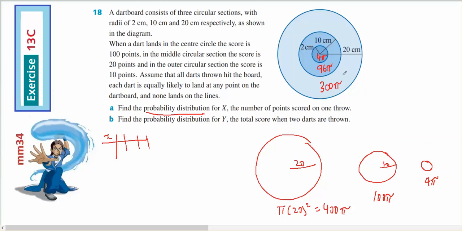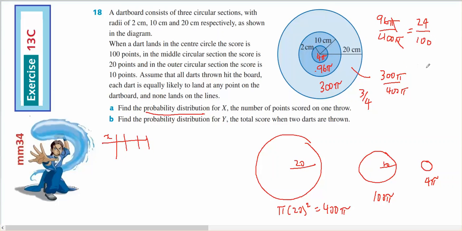Which means the probability of being in this area here is 300 pi over 400 pi, which is equal to 3/4. The probability of being in this section here is 96 pi over 400 pi, and that's equal to 96 on 4, which is 24 on 100.